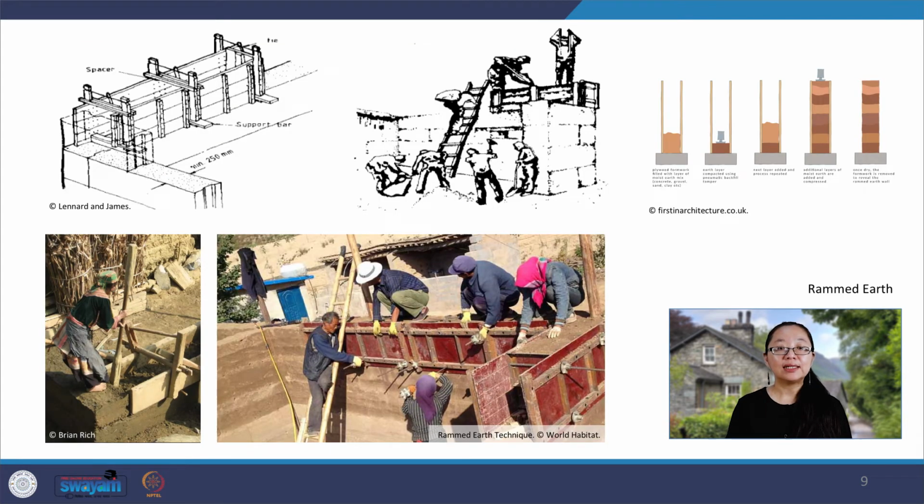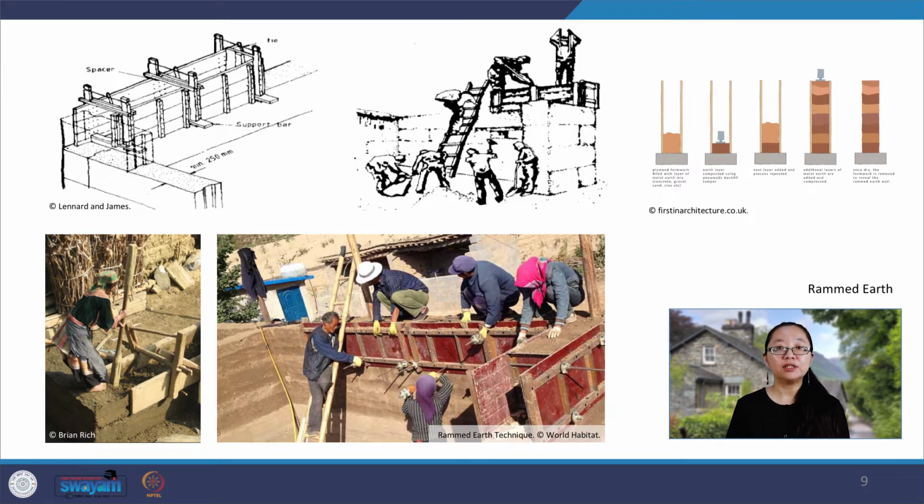The second one is rammed earth technique, which also belongs to monolithic construction. This technique is basically making use of simple tools to compact soil in order to produce rock-hard structure. The construction of rammed earth includes aggregate portions of silts, sand, and clay, and adding this mixture to the soil.